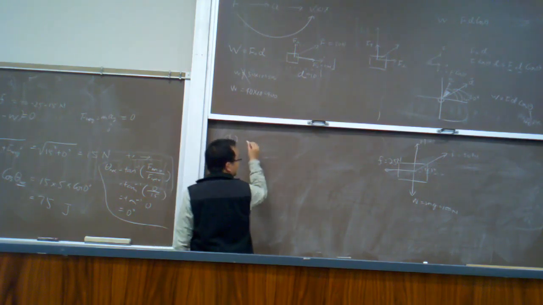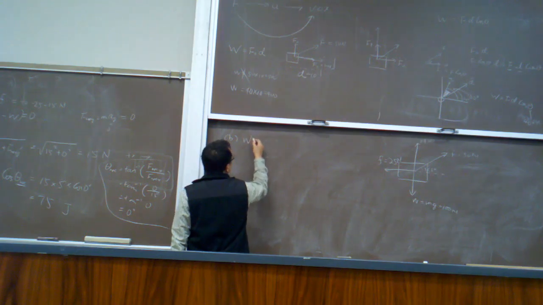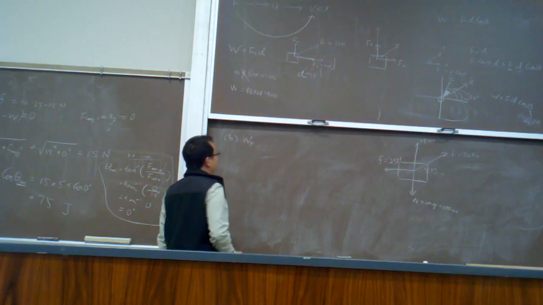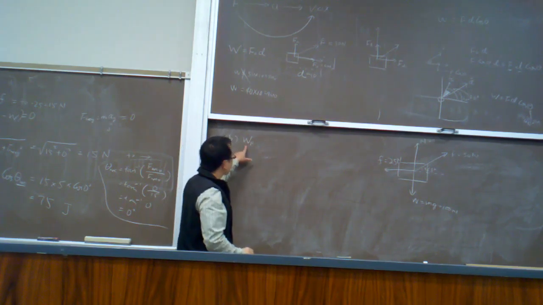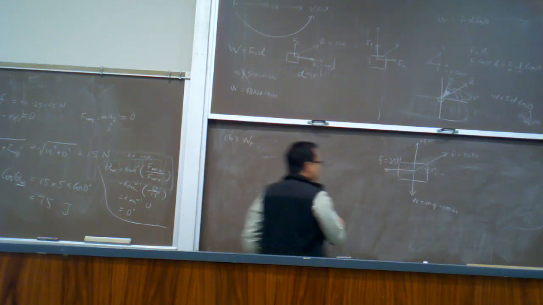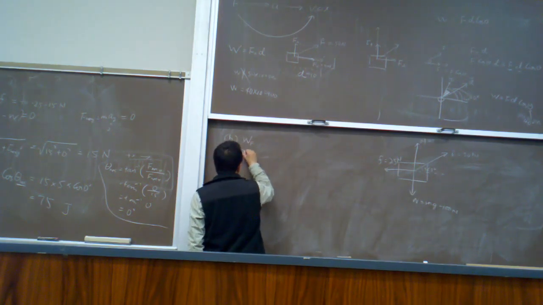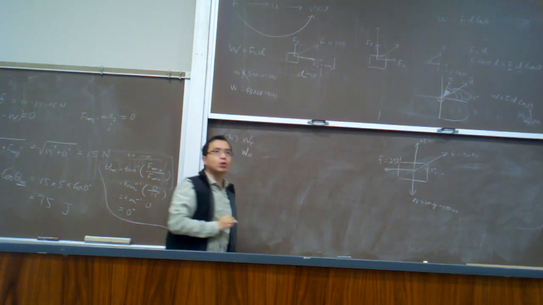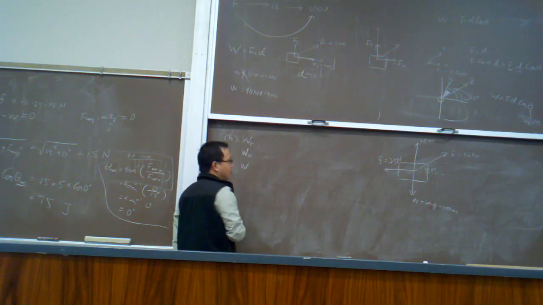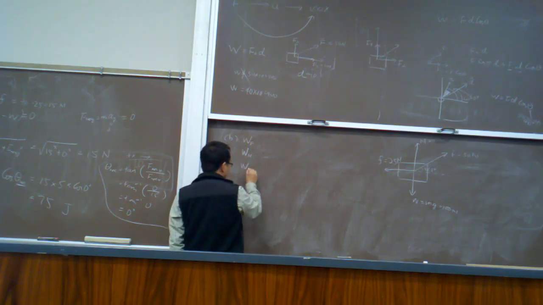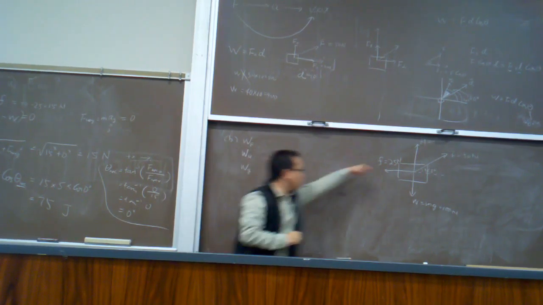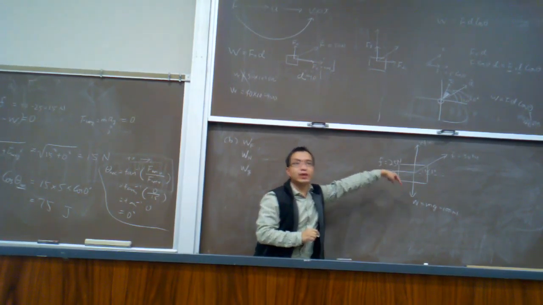So we have to calculate the four works. Let's label them as W capital F, that means the work done by this force F. And then we can calculate Wn, the work done by the normal force N. Let's call it Wg, the work done by the weight or the gravitational force.